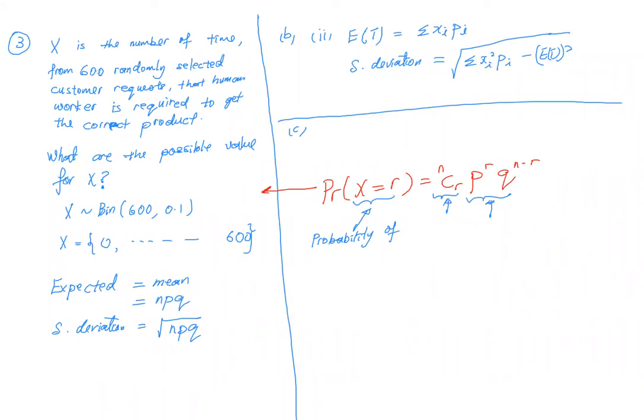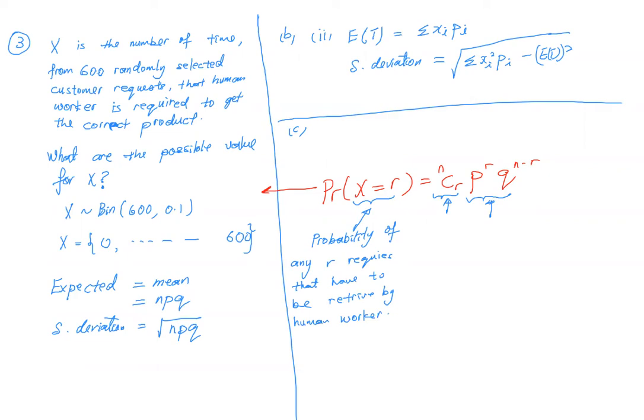The probability that R number of times out of 600 randomly selected customer requests, the probability of any R requests that have to be retrieved by a human worker.